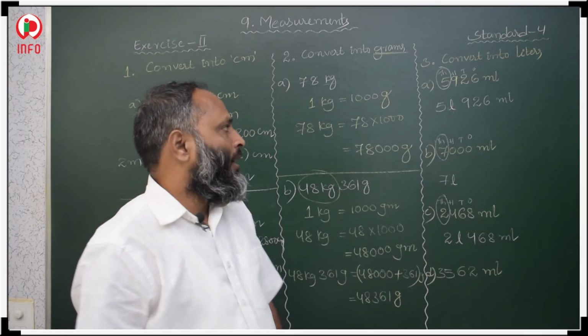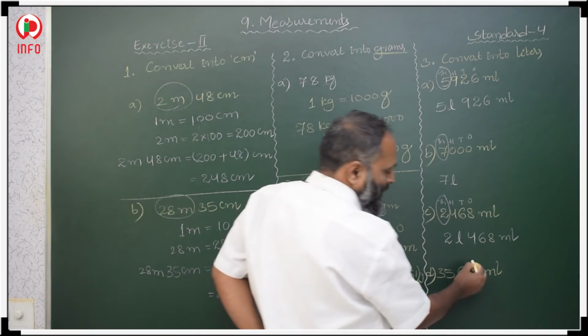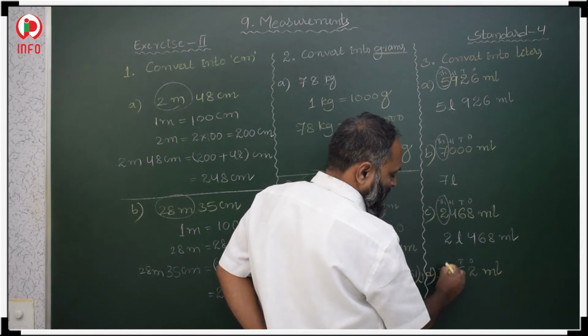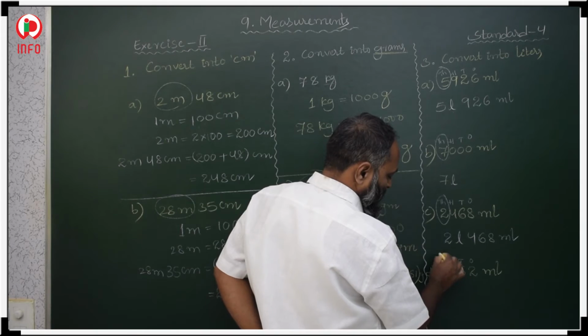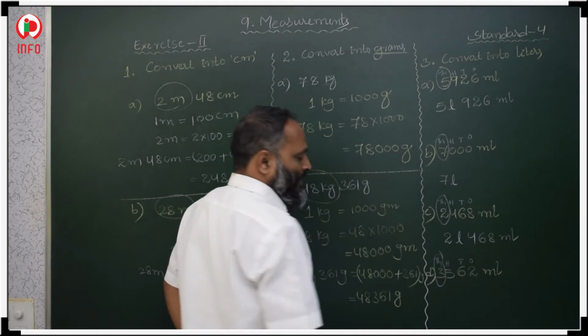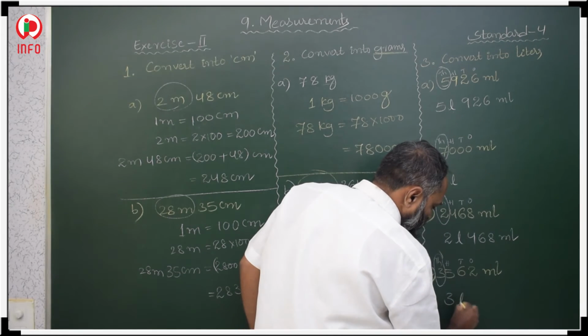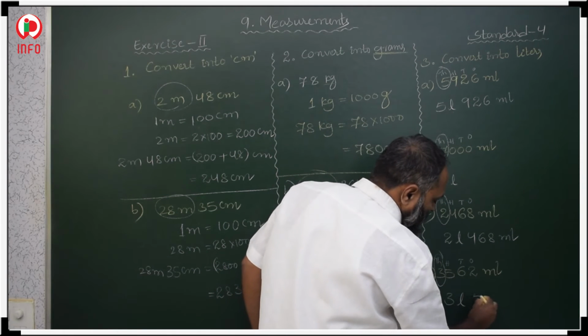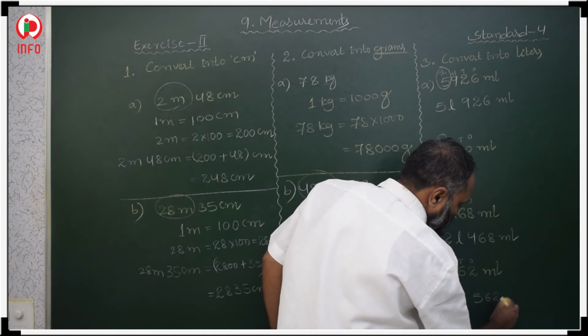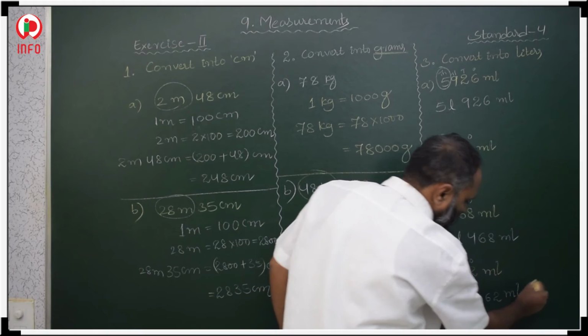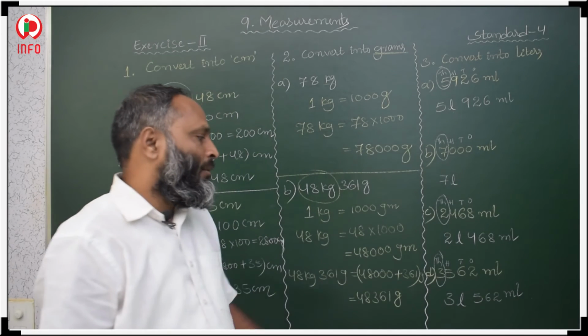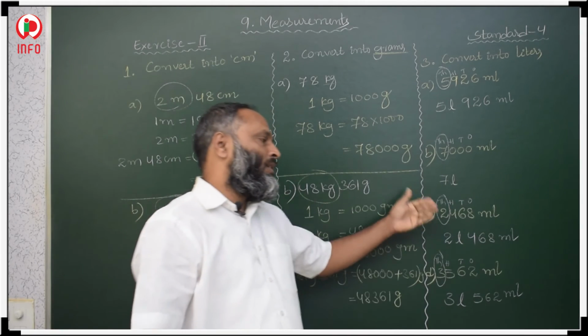Now in the fourth question, this is ones place, tens place, hundreds place and thousands place. Thousands place is our liters, that is 3 liters. The remaining are milliliters, 562 milliliters. This is the conversion of milliliters into liters, smaller to bigger units.